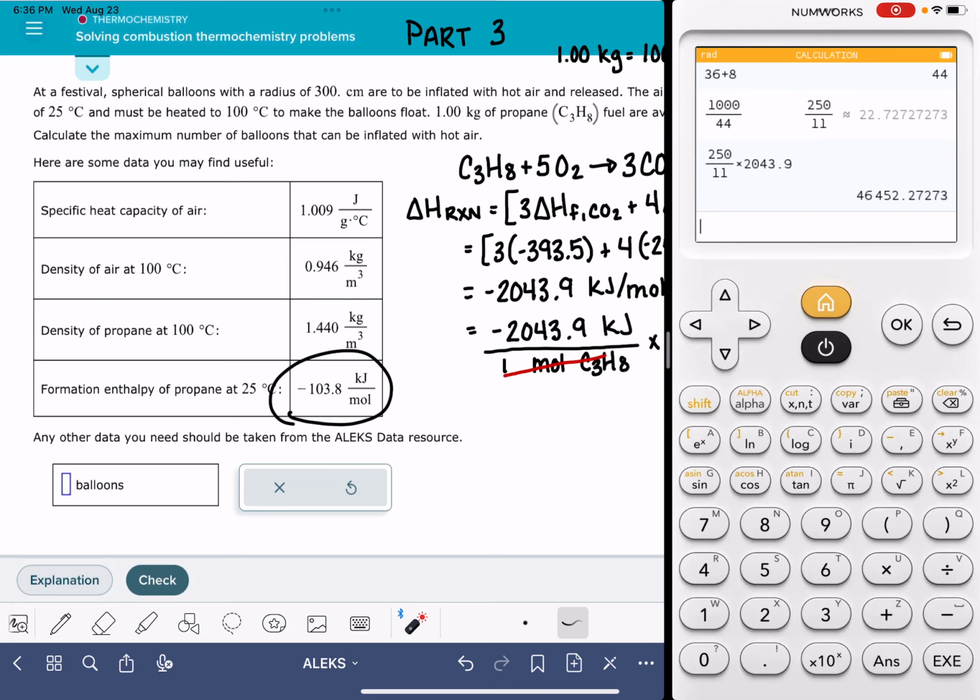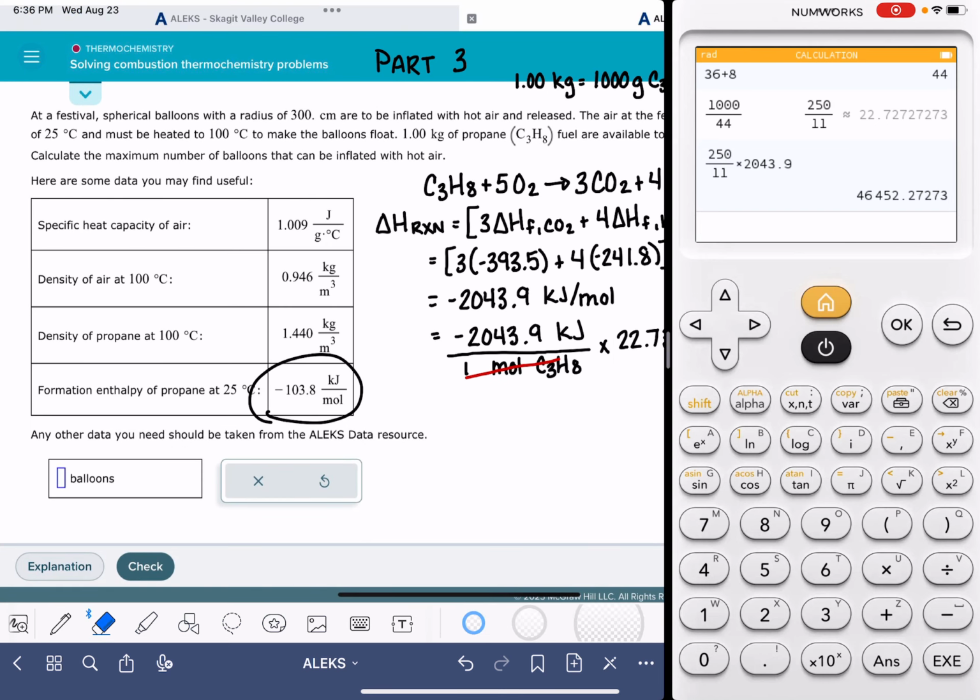Okay, so to help us do this calculation, we have the specific heat capacity of air. This means that we're going to be able to calculate the amount of heat using this Q = smΔT equation. We're going to be able to calculate the amount of heat that is needed to blow up each balloon that is full of air.